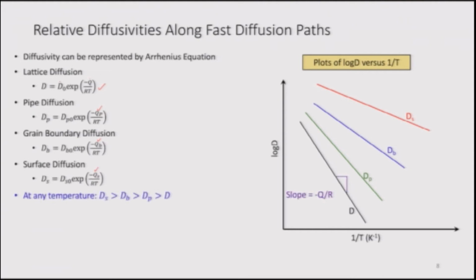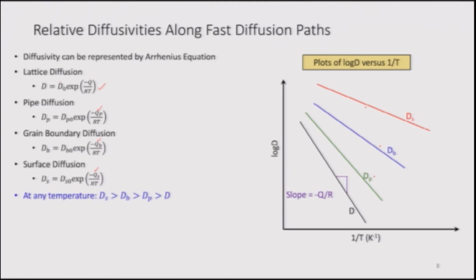We can see that at any temperature the surface diffusivity is the highest, which is followed by grain boundary diffusivity and pipe diffusivity, and the lattice diffusivity is the lowest.